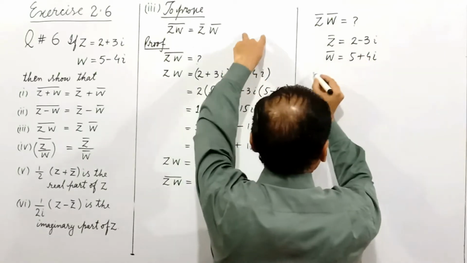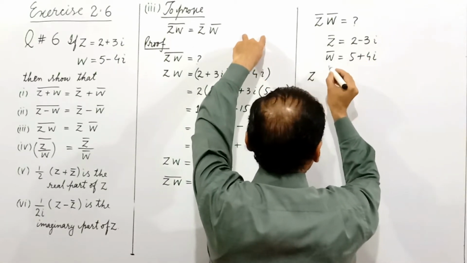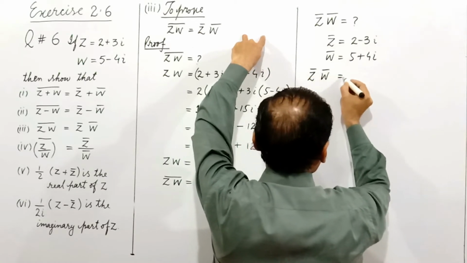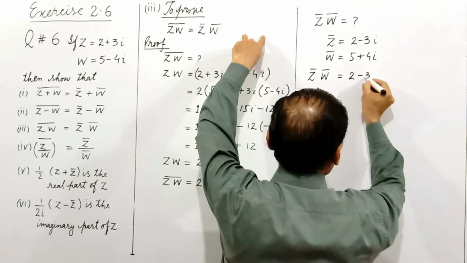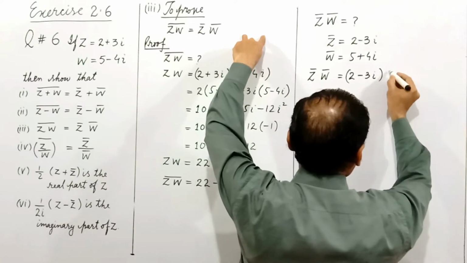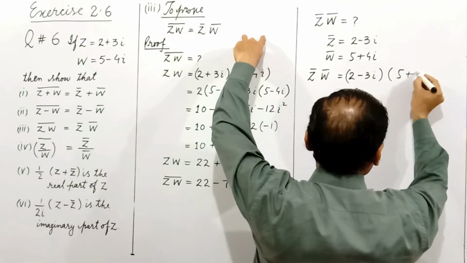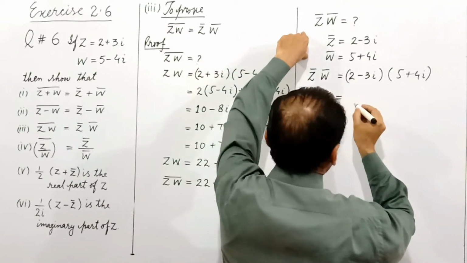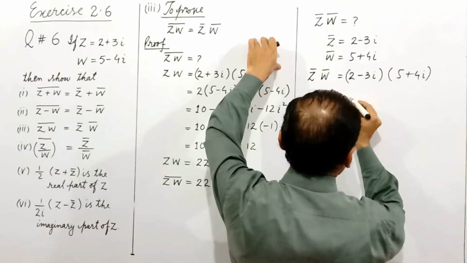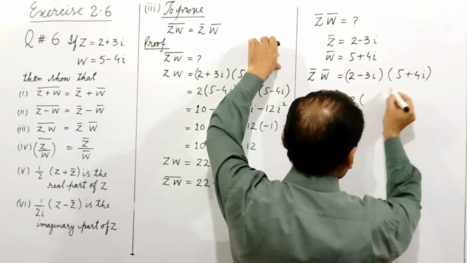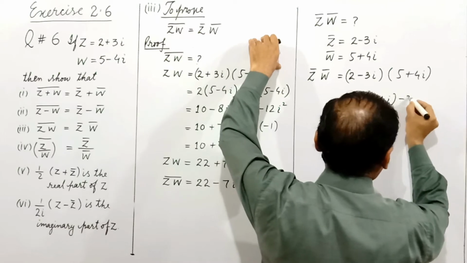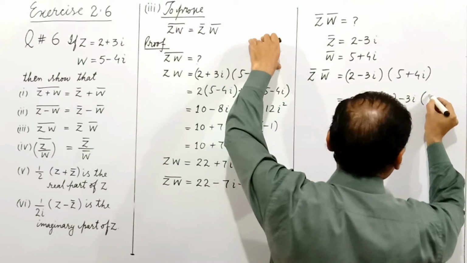Now we multiply these two. We put their values, 2 minus 3 iota, 5 plus 4 iota. We use the simple linear method of multiplication. 2 is multiplied to 5 plus 4 iota, and then the second term minus 3 iota is multiplied to 5 plus 4 iota.